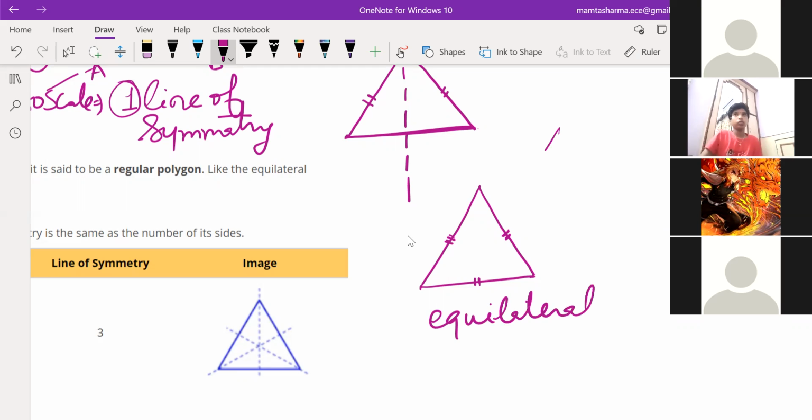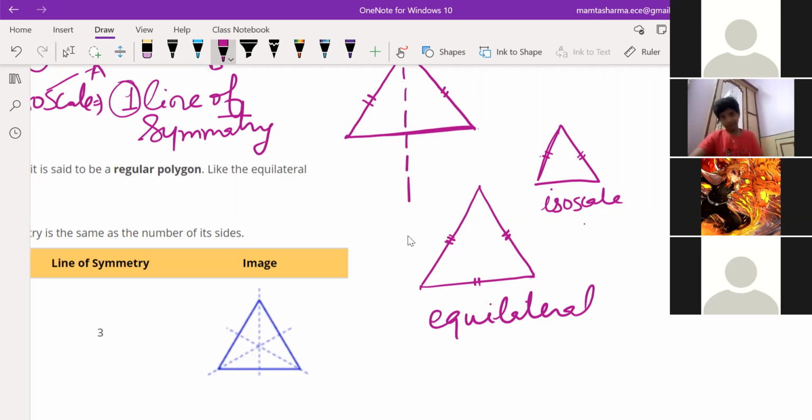And if I write a dash only on 2 sides, it means only 2 sides are equal. It means this is an isosceles triangle. Clear? Difference between isosceles and equilateral, and how many lines of symmetry will exist?